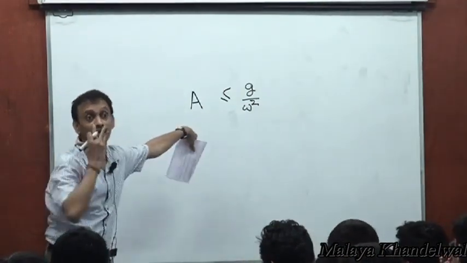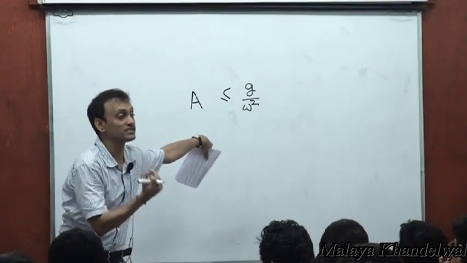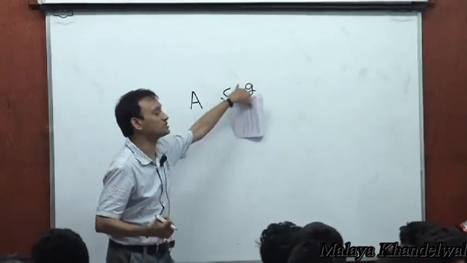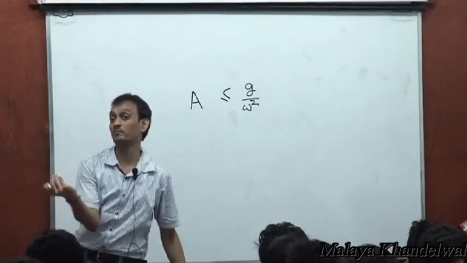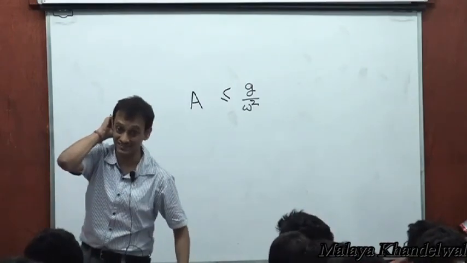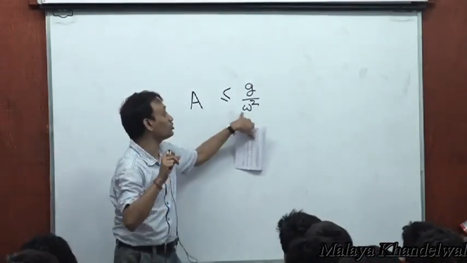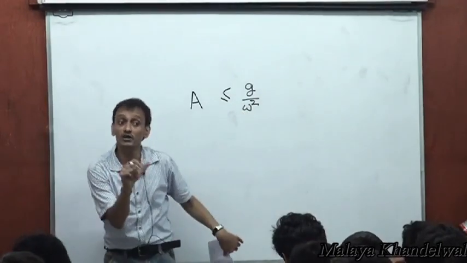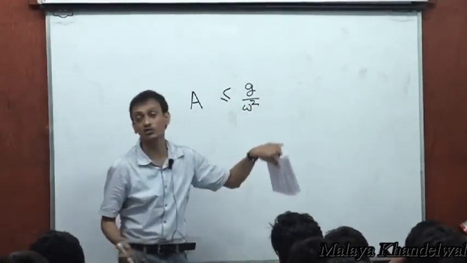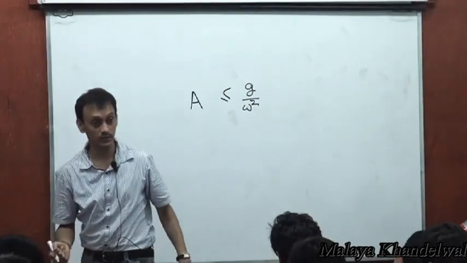This was a result that I had served to you as a ready reckoner. A should not exceed g by omega squared. You can either play with omega or you can play with A, but you can't play with g. For whatever combinations of A and omega that you are seeking, A should always be less than or equal to g by omega squared, right?